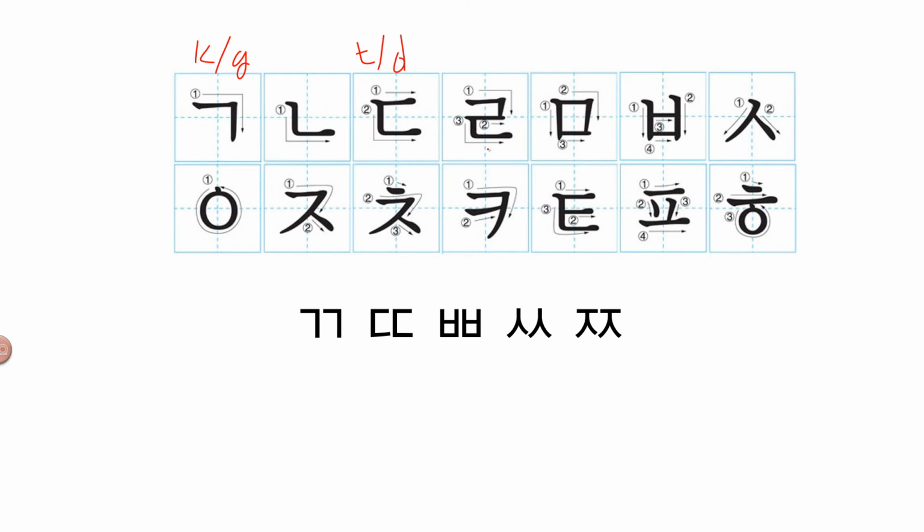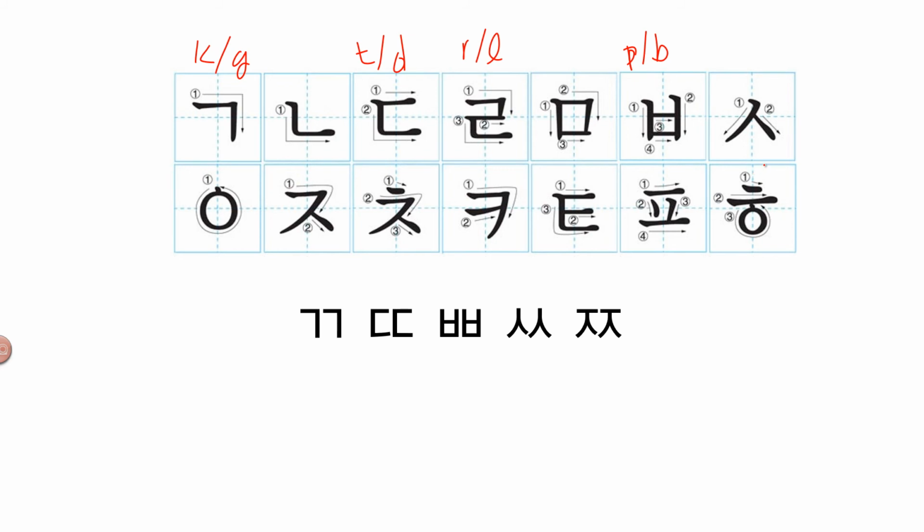This is something between an R and L sound. This is one of the basic five consonants we learned. It makes an M sound. This is B, but it could be a P sound in the initial position.